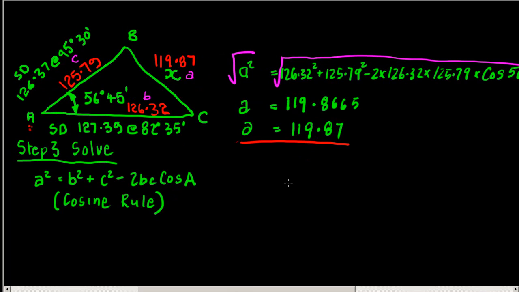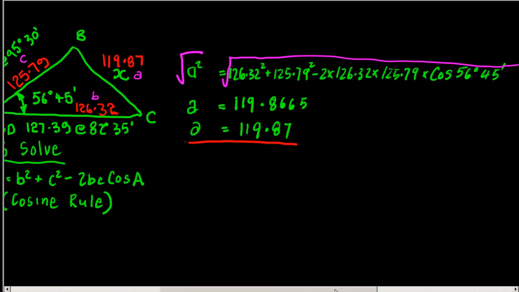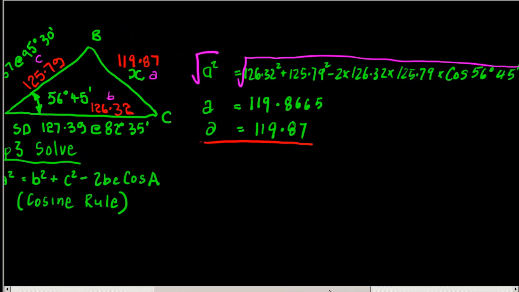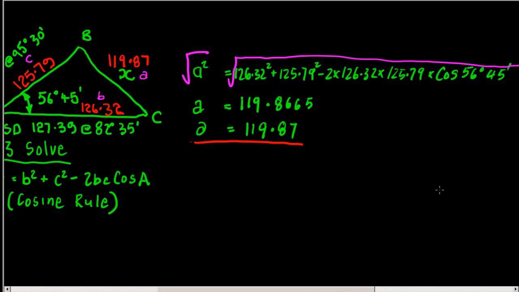Here it is. I've put it in there and labelled up the triangle in shades of magenta. a squared equals b squared plus c squared minus 2bc cos A. So let's put that in. a squared, and we're putting in the various values, 126.32 and 125.79, they're all squared, minus 2 times 126.32 times 125.79.